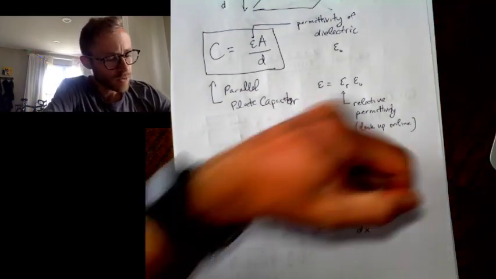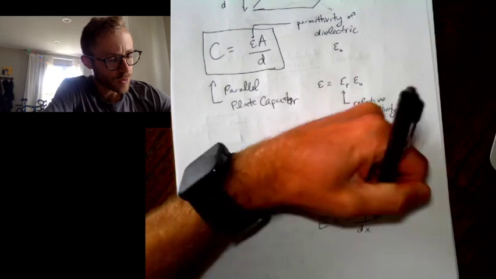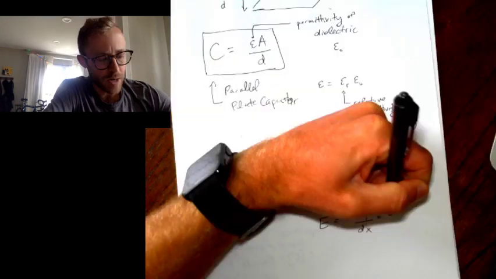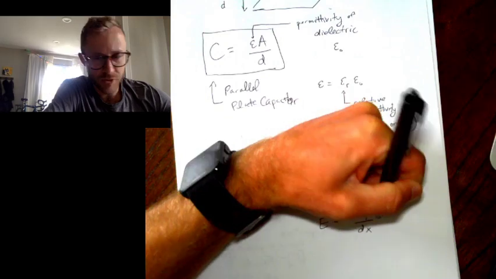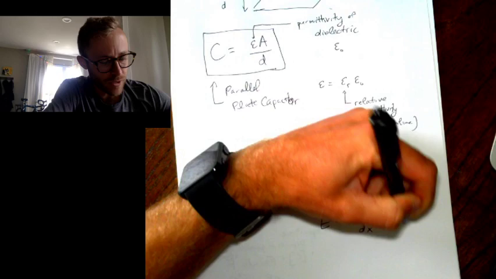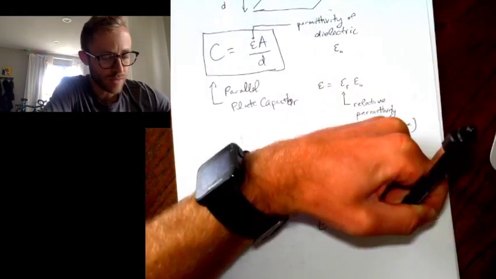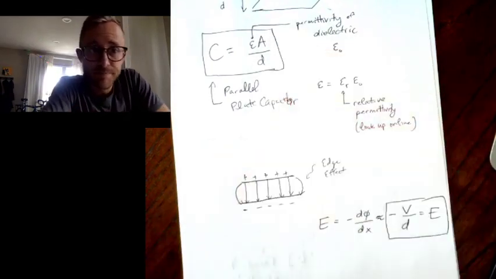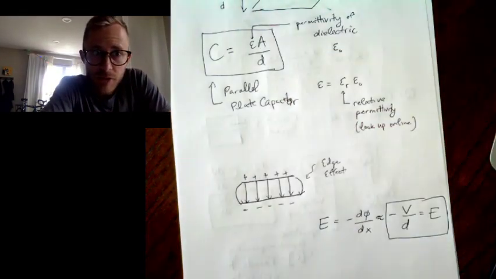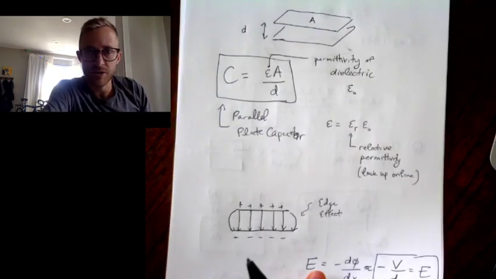So this is approximately equal to minus V over D, where V is the potential difference between the plates and D is the distance between the plates. So you can use this equation to estimate the electric field between the capacitor plates. All right? So there you have it. That's an introduction to capacitors.